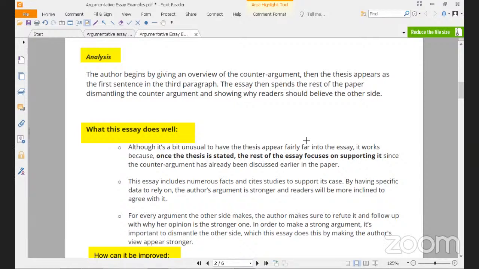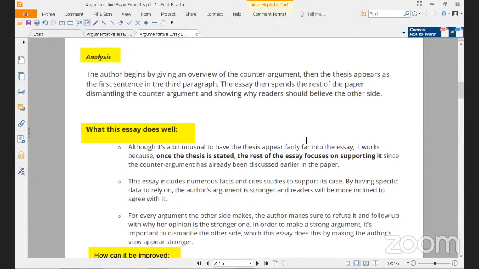So it's very interesting how the author writes and describes these facts, and it's good. I don't know.